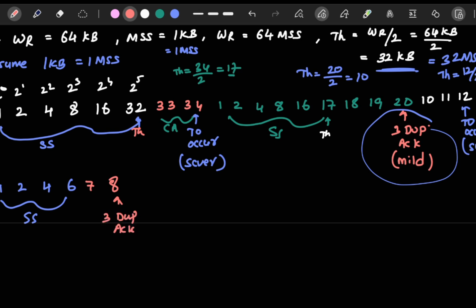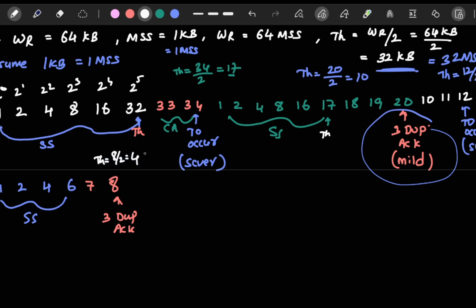Then what will happen? It will calculate the threshold, that is 8 divided by 2, which is 4. So when there are 3 duplicate acknowledgements, it will calculate the new threshold, that is 4.